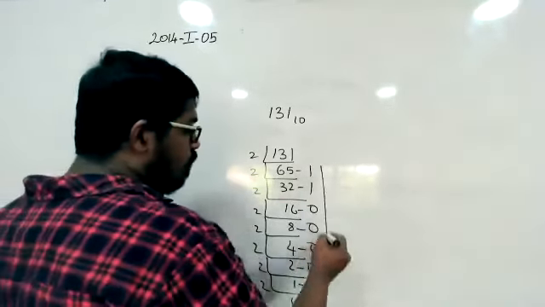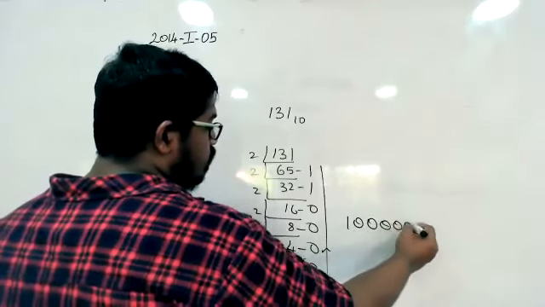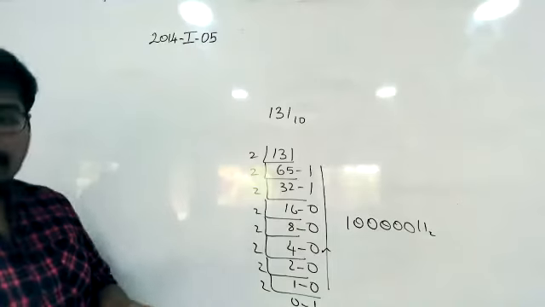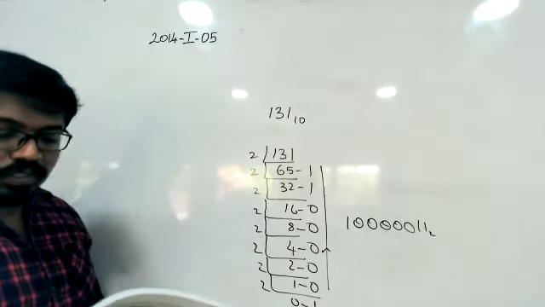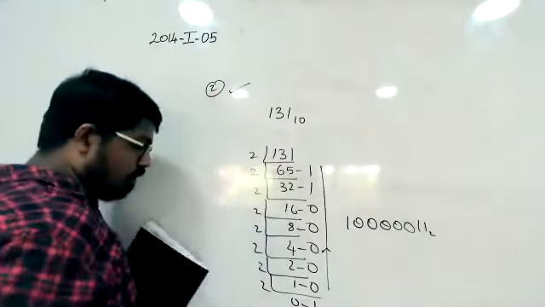So your answer will be 1 followed by 5 zeros, then 1 1, base 2. Second answer option, right?